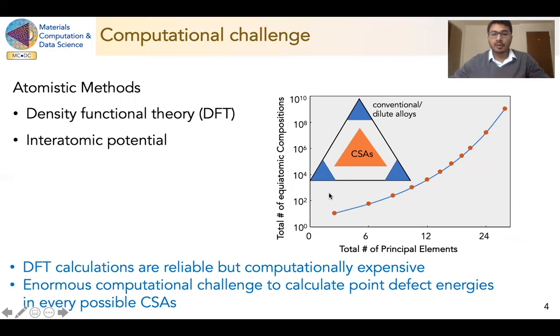And as the number of elements increases in the base alloy, the number of compositions also increases exponentially. So the challenge compounds when one has to calculate the defect energies using DFT in large number of possible combinations. And there is a need to develop a strategy through which these expensive and large number of calculations can be bypassed.